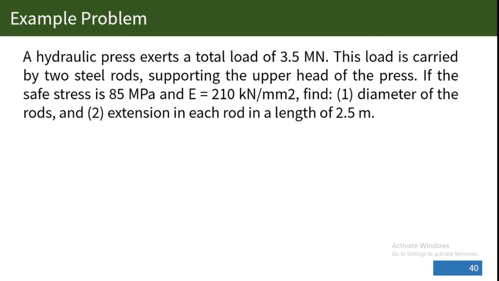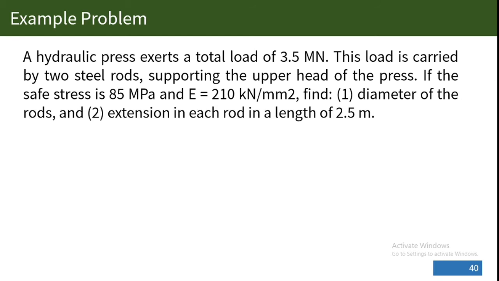If the safe stress is 85 megapascals and E, the modulus of elasticity, is equal to 210 kilonewtons per millimeter squared, find: 1. the diameter of the rods, and 2. the extension of the rod in a length of 2.5 meters.